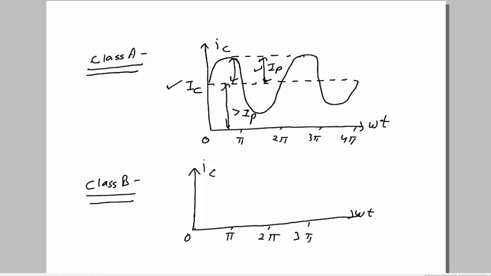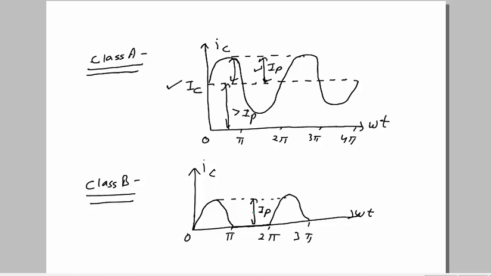It will conduct only for the positive half, then for the negative half it will not conduct, then again the next positive half it will conduct. This is the peak current IP. The class B stage is biased at 0 DC current.